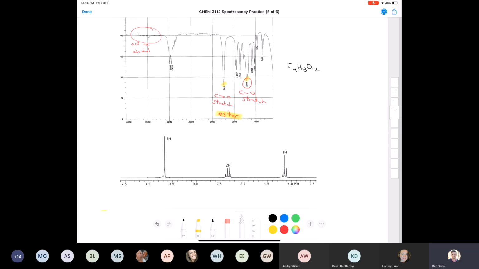Anybody notice anything interesting about the proton? Are there any groups in there that might look interesting? If I have a quartet that integrates for 2 protons and a triplet that integrates for 3 protons, does that make anybody think of anything?